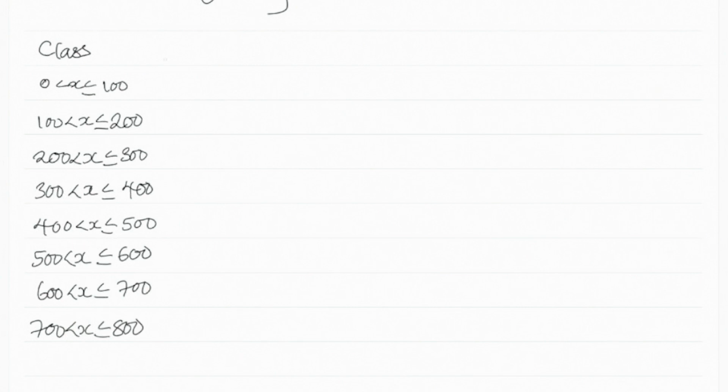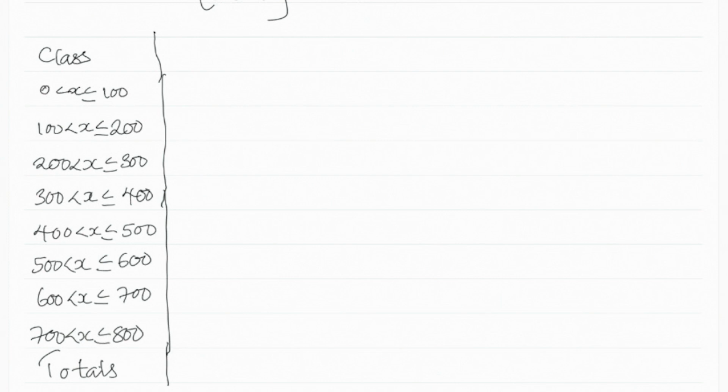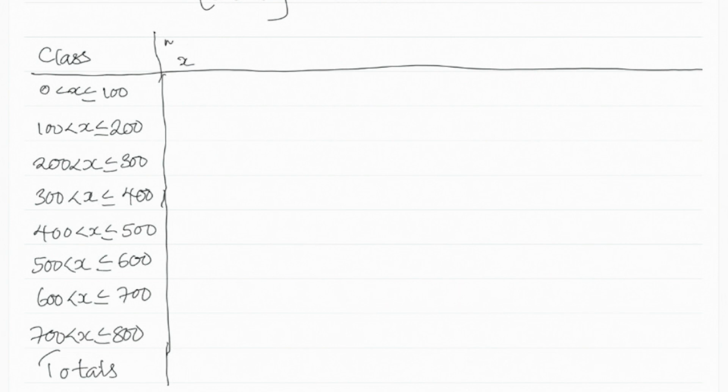So these are the class intervals that we've been given, and we're going to draw a frequency distribution table like this, and we can add the totals here. Then the next columns: we are going to have the midpoint, which is our x, also called the mid value.